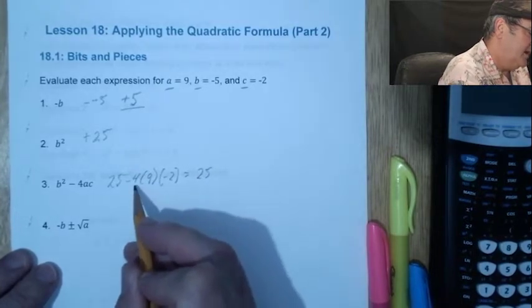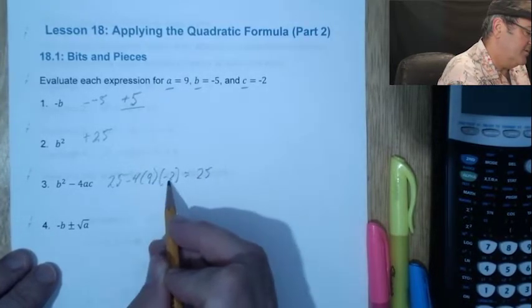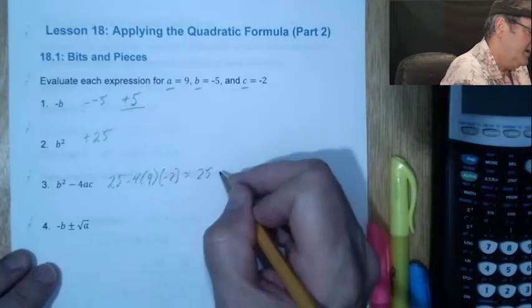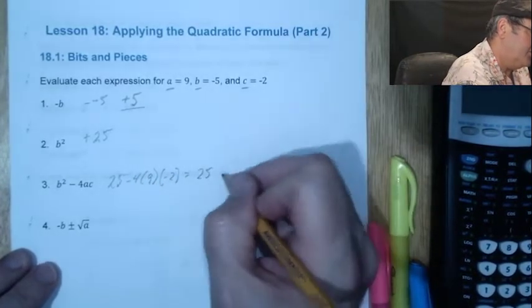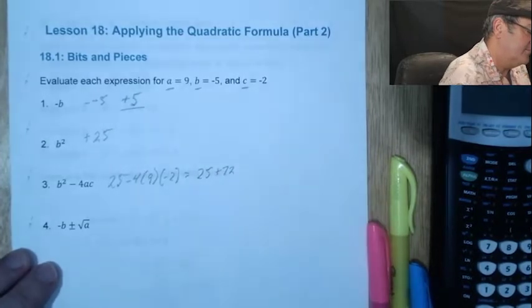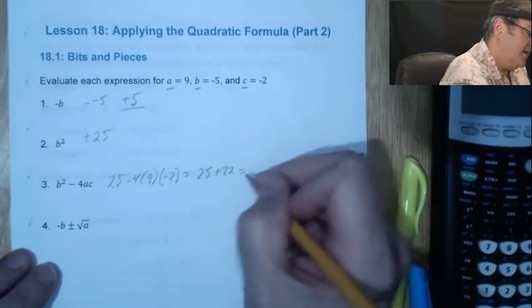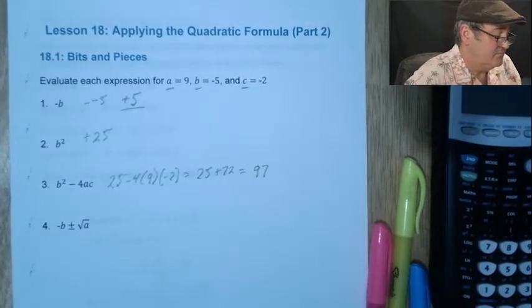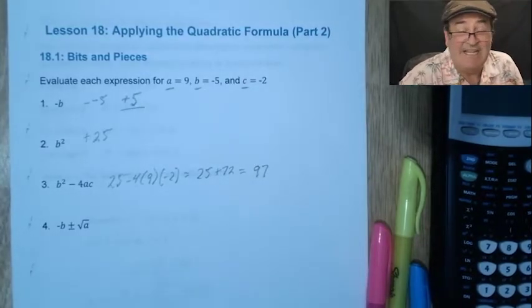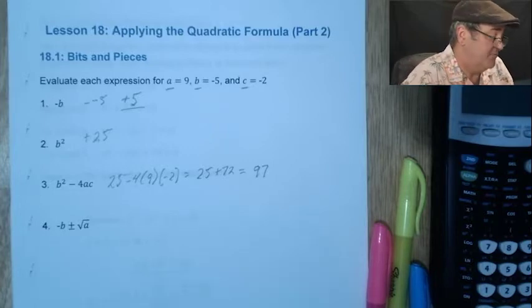Let's see. Let's do 4 times -2. -8 times 9 would be 72. So if we're subtracting a -72, we're going to add 72. So 25 plus 72, 97. So B squared minus 4AC is 97 for our A, B, and C that we have.